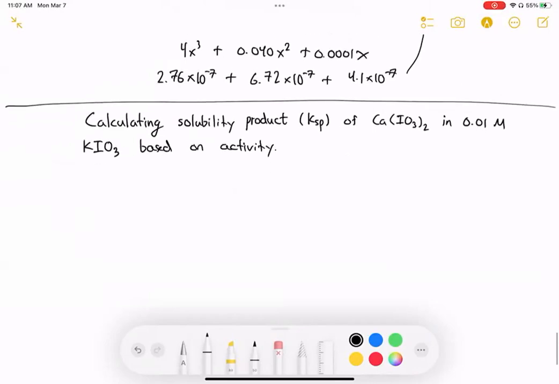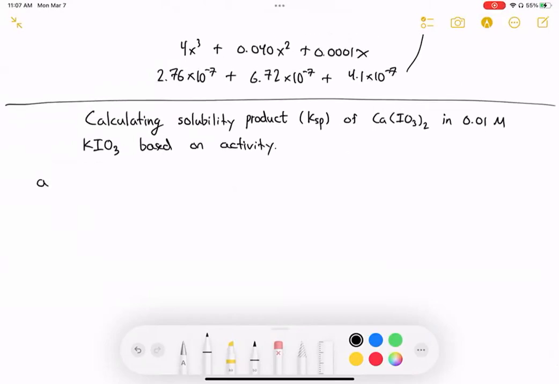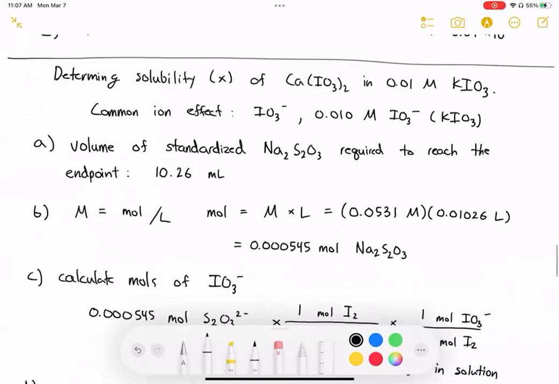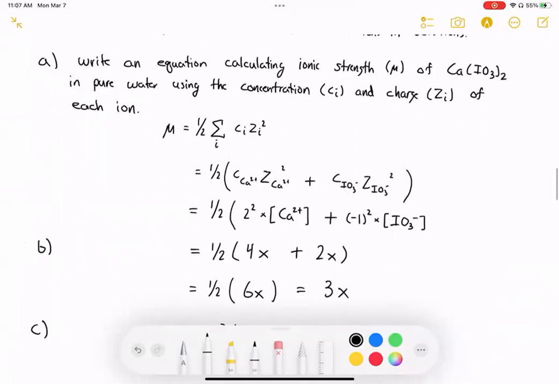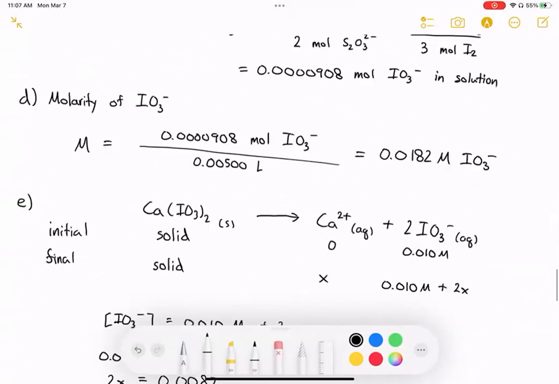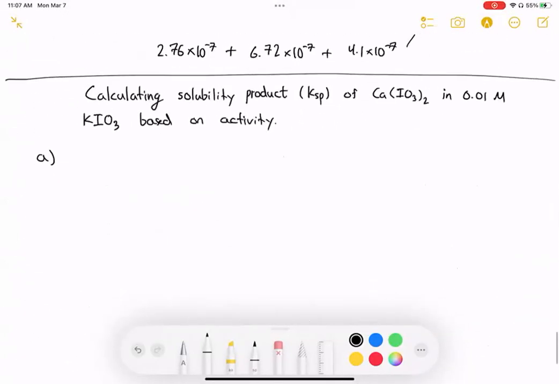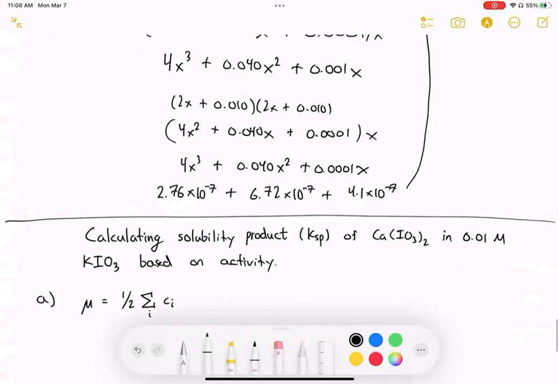All right, so we're going to go based on our ionic formula here again. So we had 1/2 sum of Ci Zi squared. So it's going to be ionic strength is 1/2 sum of Ci, and then Zi.